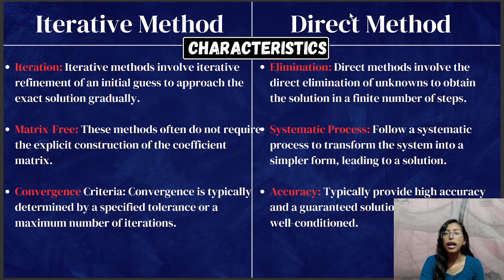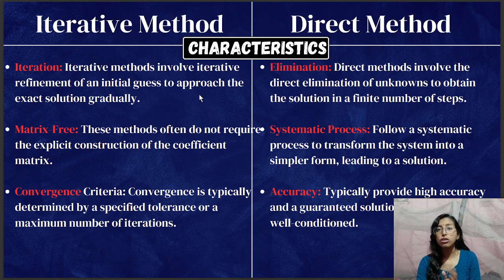Now let's see it in a deep manner by understanding it. Iterative method and direct method characteristics. Here, iteration. Iterative methods involve iterative refinement of an initial guess to approach the exact solution gradually, whereas in the direct method we are doing elimination. So here in elimination, direct methods involve the direct elimination of unknowns to obtain the solution in a finite number of steps.